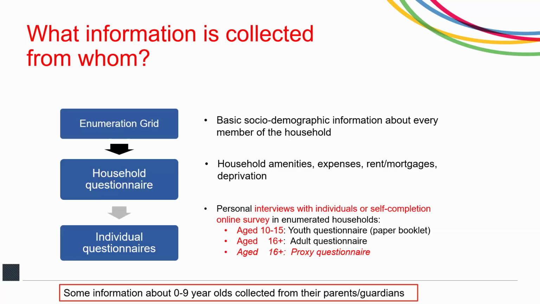Household members between age 10 and 15 fill out a paper booklet youth questionnaire. Those above age 16 fill out the adult questionnaire, and there is also a proxy questionnaire for certain questions. Some information about those below age 10, so from 0 to 9, is collected from their parents or guardians.